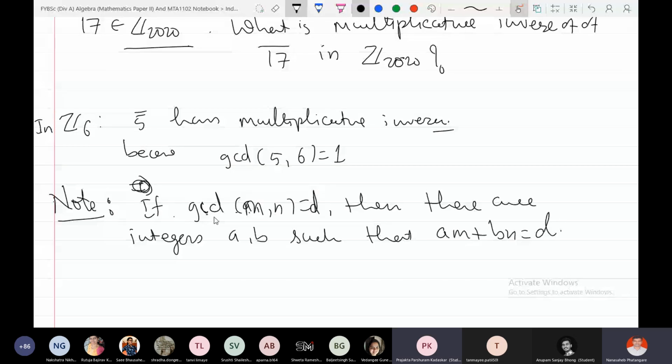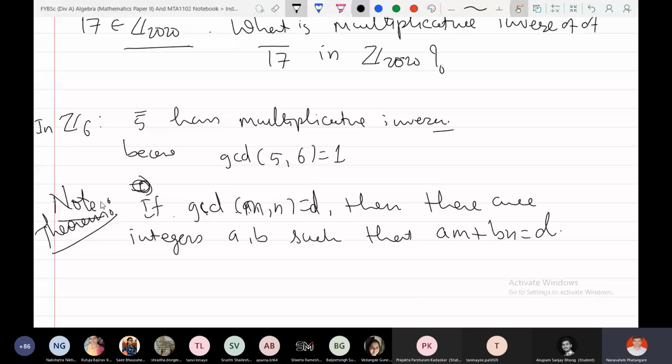This is again a theorem basically, but right now it is not convenient to prove it. Probably if we discuss these things later on, we'll try to prove it, or you can find the proof in this book, Elementary Number Theory.